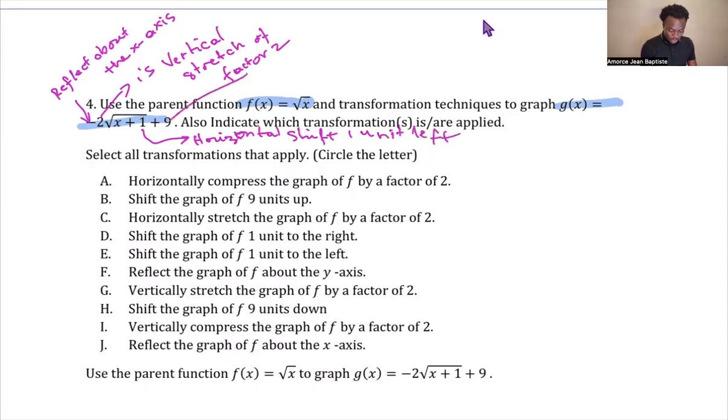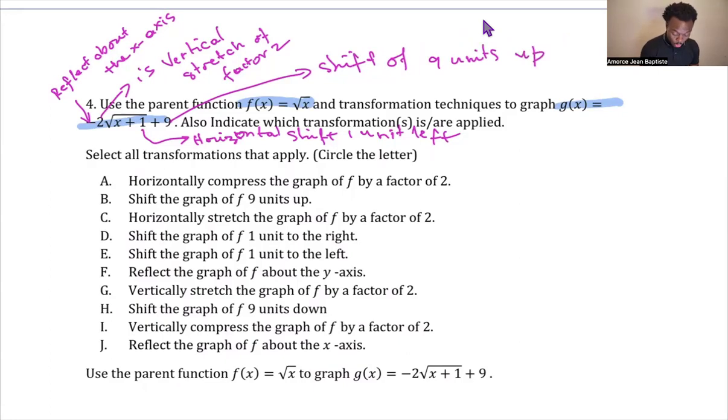And then this 9 is k, a vertical shift of 9 units up.